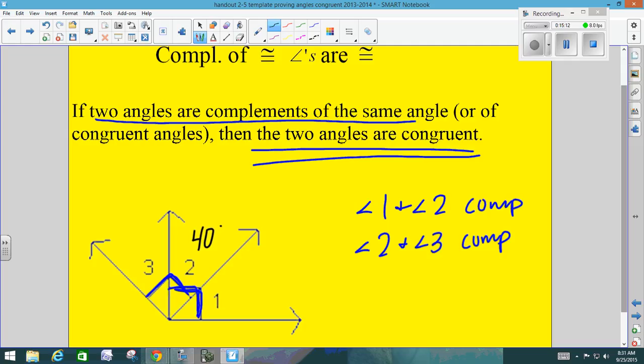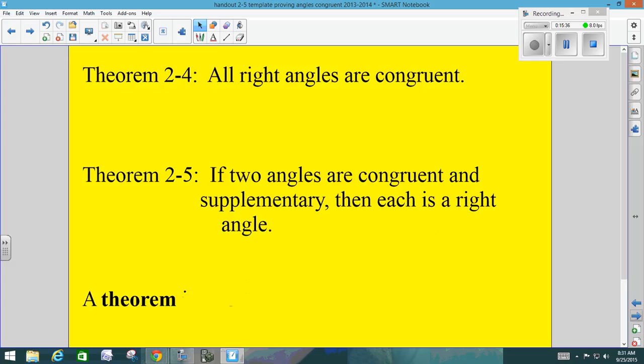Good. What does 3 have to be? Why? Because 2 and 3 make a 90 degrees. So if you have two angles complementary to the same one, they're congruent to each other. Okay? These theorems should act like shortcuts. They should be able to get you somewhere faster.